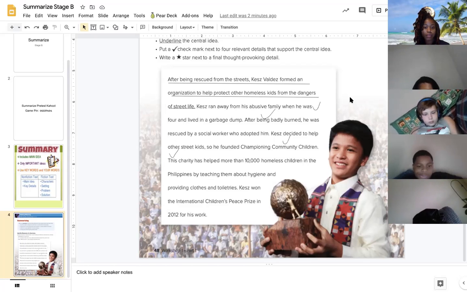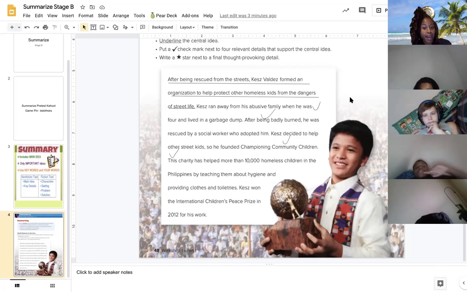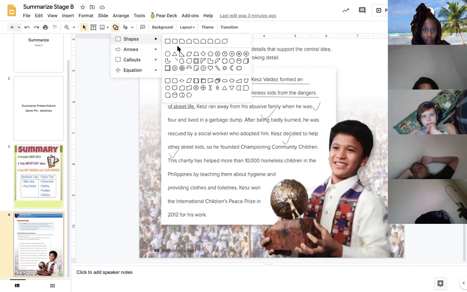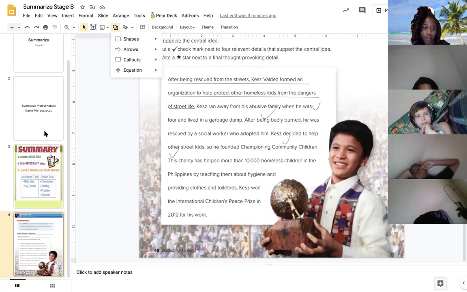That he won the Peace Prize. Yes, that is our final thought-provoking detail. That's a detail, but it's showing us that all of this work that he did won him a prize for his work. Okay, so I don't know if I can do a star on here. I don't see one. Okay, so this is what we will put our star at. I can scribble one real quick.